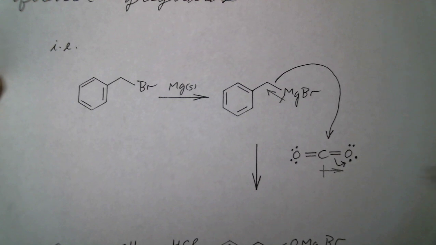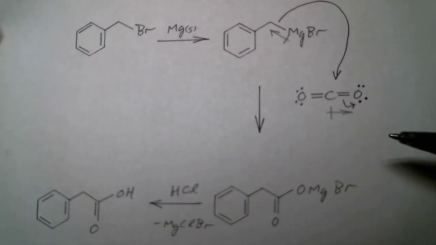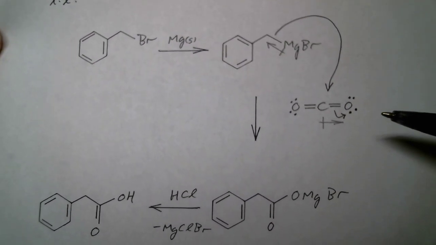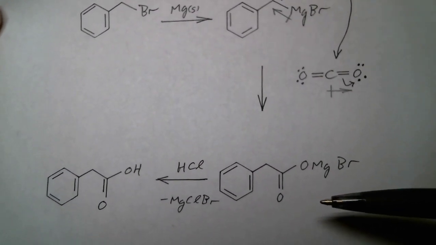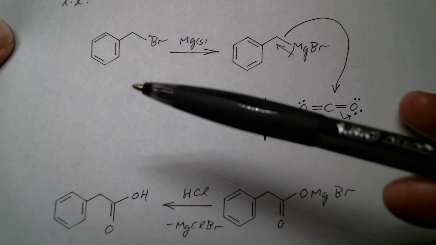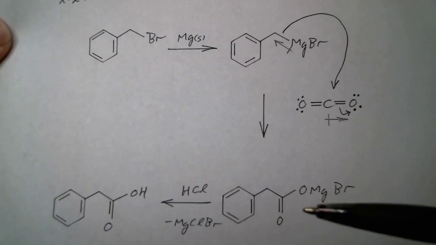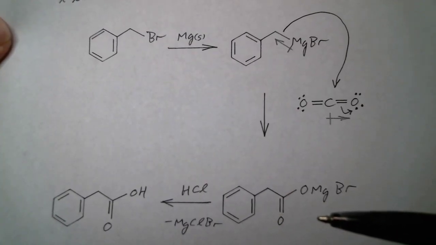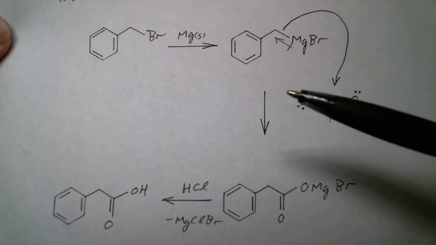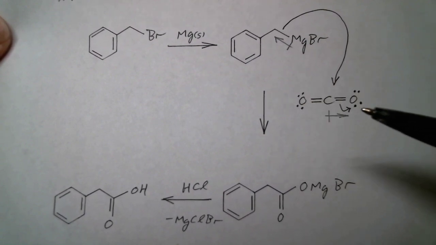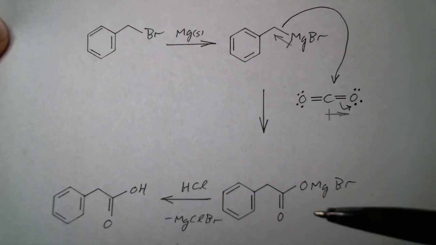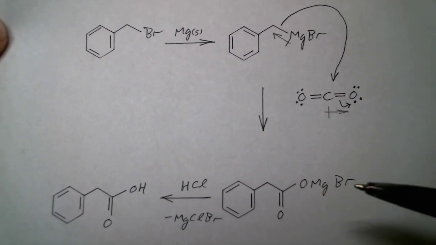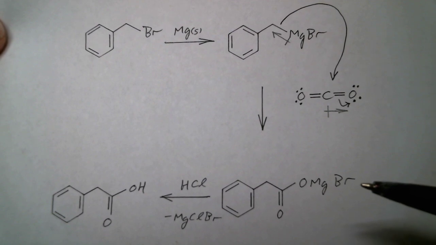Our Grignard will just attack that carbon, the heat will be absorbed, and nobody will catch on fire. That's a good thing, right? And so what we do is we've extended our benzyl bromide by a carboxylate anion, and of course we're using this carbon dioxide in great excess, and our carboxylate anion is counterbalanced by magnesium 2+ and a bromide anion.